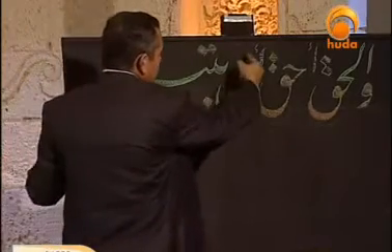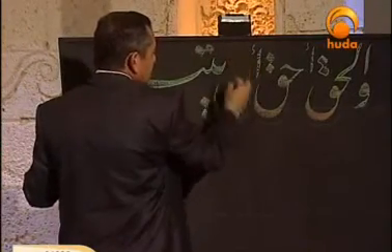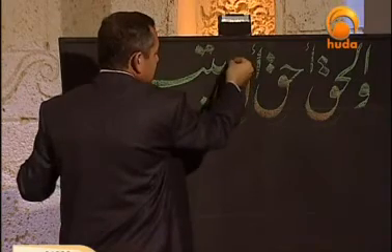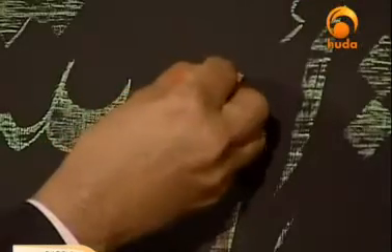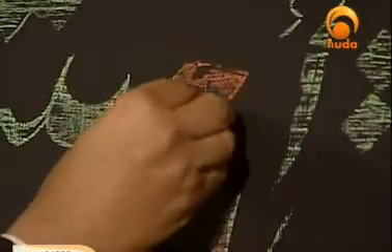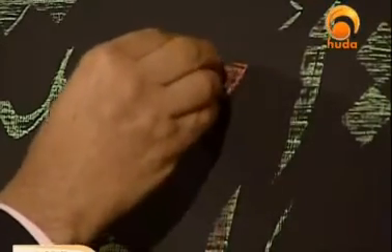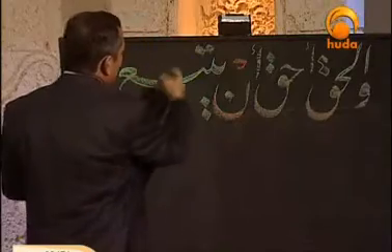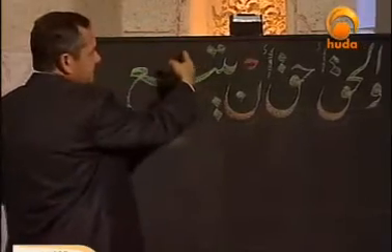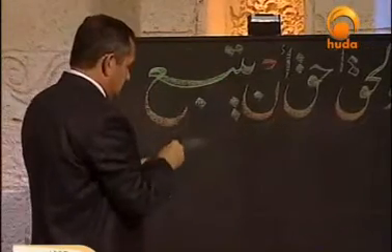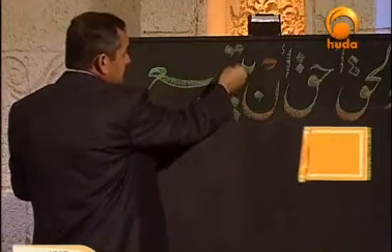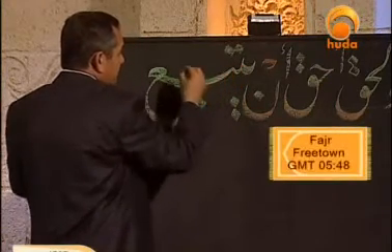Here I can see space and sukun, silent. So I have to do the sukun here. I put the mark of sukun, silent. It comes like this. Yuttaba also, there's some space here. And the reading has tasdeed, compacting.